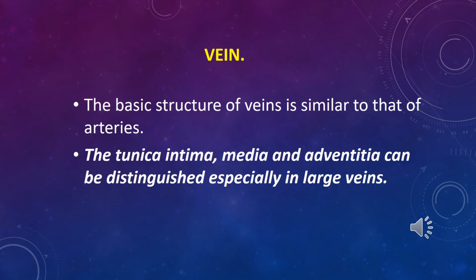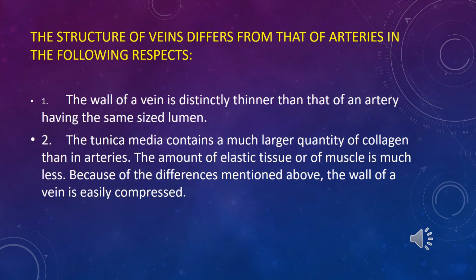Venules continue and join and form larger vessels, veins. A vein, similar to an artery, has three main tunics: tunica intima, tunica media, and tunica adventitia. On the next slides, you can recognize differences between veins and arteries.